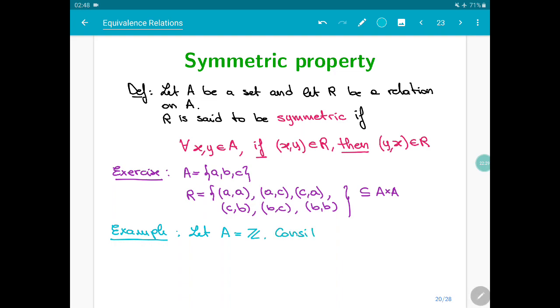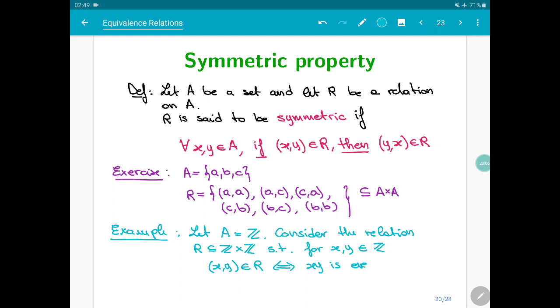So consider the relation R contained in Z cross Z such that for x, y in Z, I say that x, y are in relation, so the ordered pair belongs to R, if and only if xy is even.